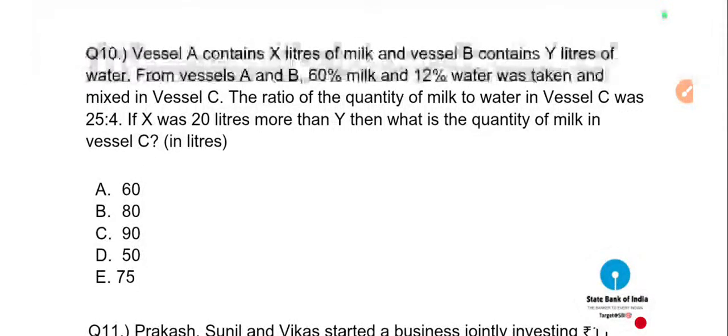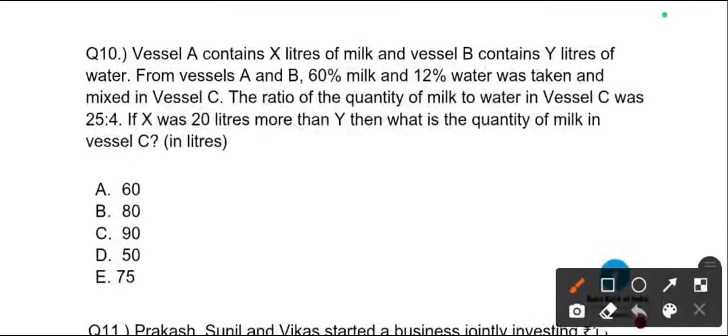So let's see this one. Here vessel A contains X liters of milk and vessel B contains Y liters of water.